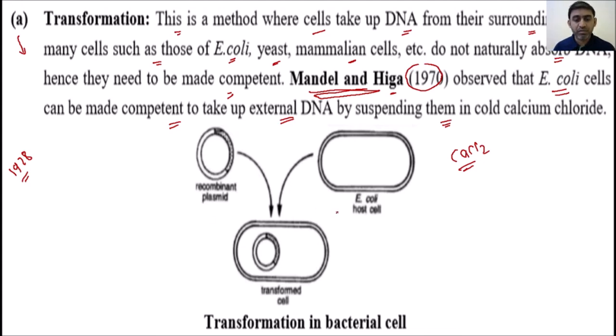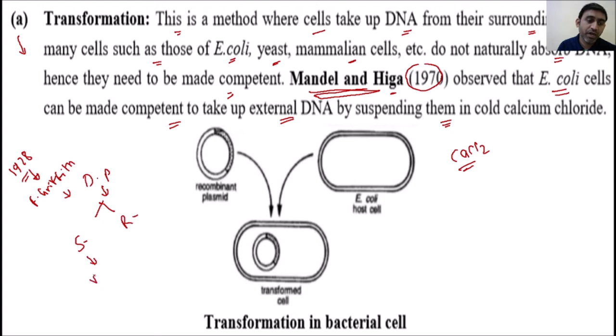The transformation experiment is described in molecular basis of inheritance, where the scientist Frederick Griffith used Diplococcus pneumoniae, which causes pneumonia, but has two strains: S strain and R strain.